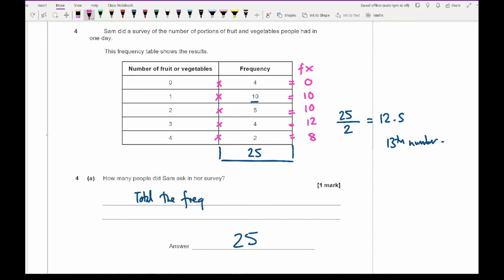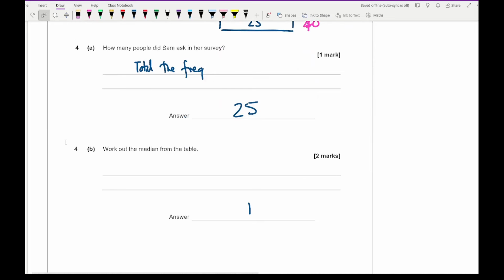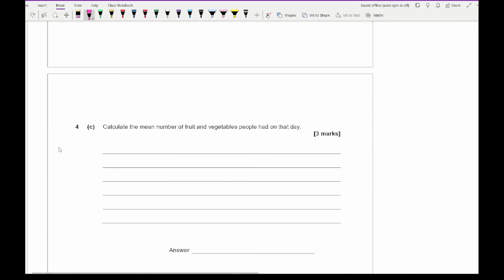So adding those up, I get 30. No, I don't, I get 40 rather. And so then the mean is going to be 40 divided by 25. And if I type that into my calculator, I should have an answer of 1.6.